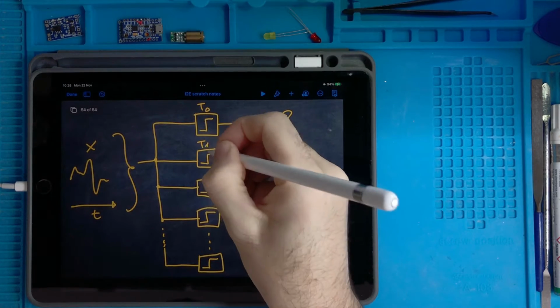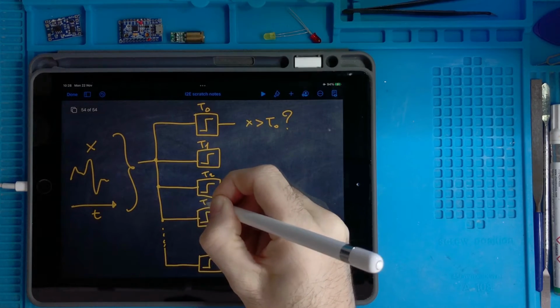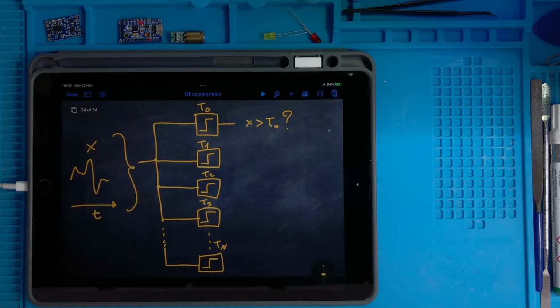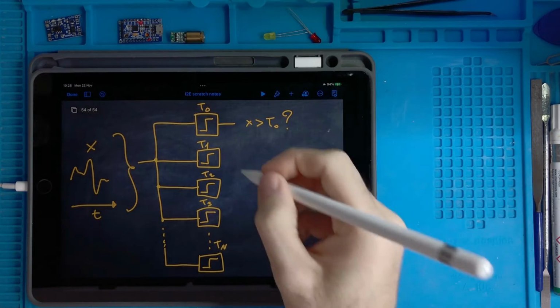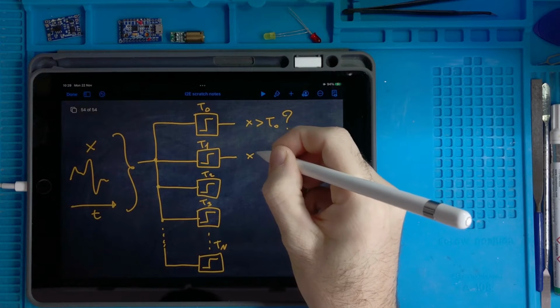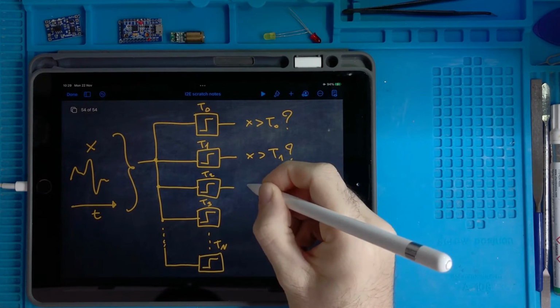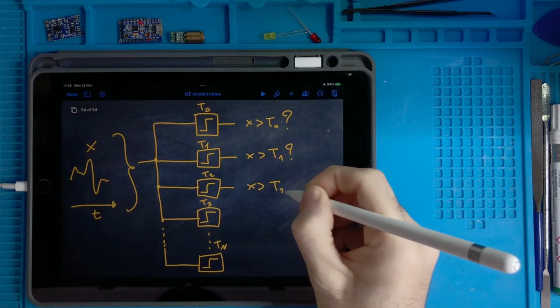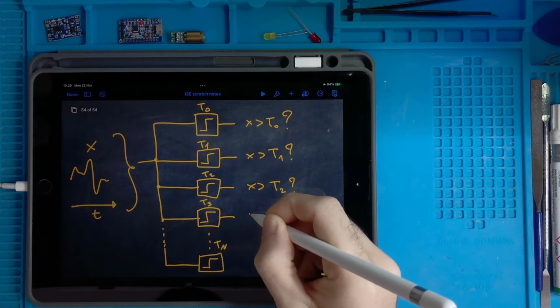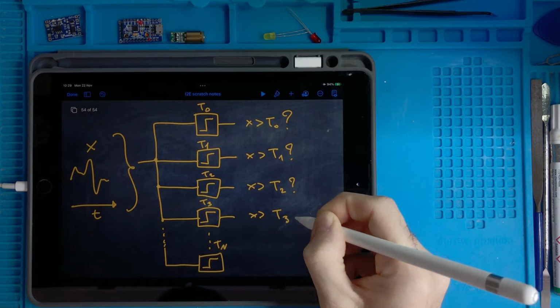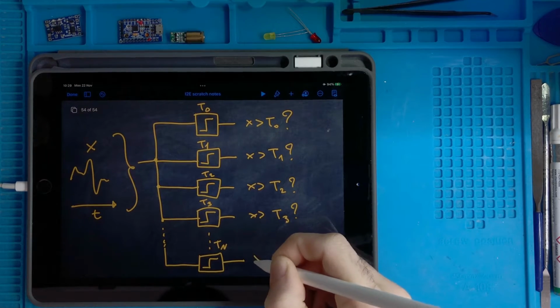All of them with different thresholds. And each of them will answer this question: is x bigger than the threshold, let's say the threshold Tn?